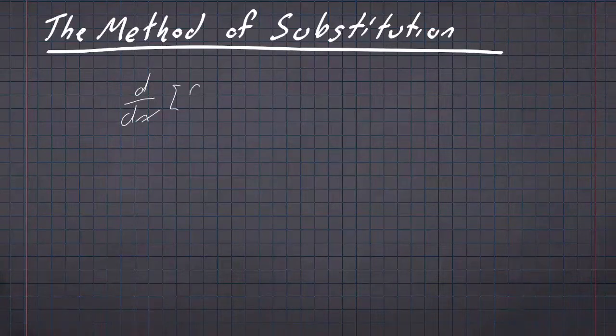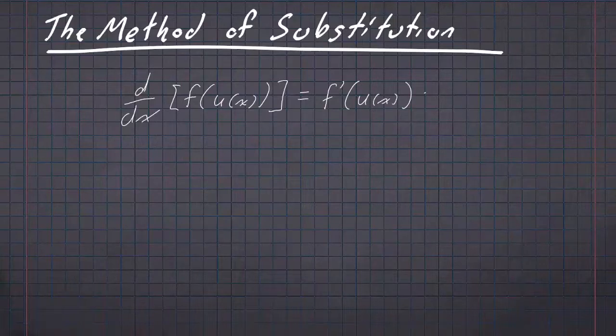The derivative of a composition f composed with u of x, differentiated with respect to x, is the derivative f prime evaluated at u of x times u prime of x.